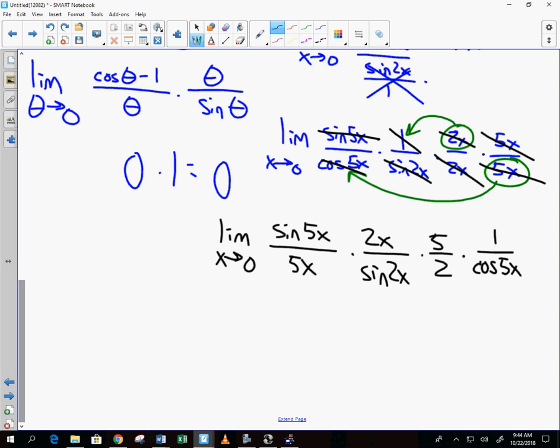So they're all gone, right? So let's evaluate. Limit as x goes to 0 of sine of 5x over 5x is 1. 1 times 5 over 2 times... What's 5 times 0? 0. What's the cosine of 0? 1. What's 1 over 1? And so what do we get?